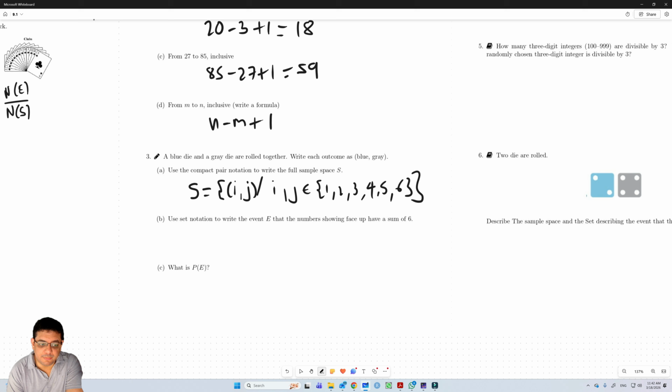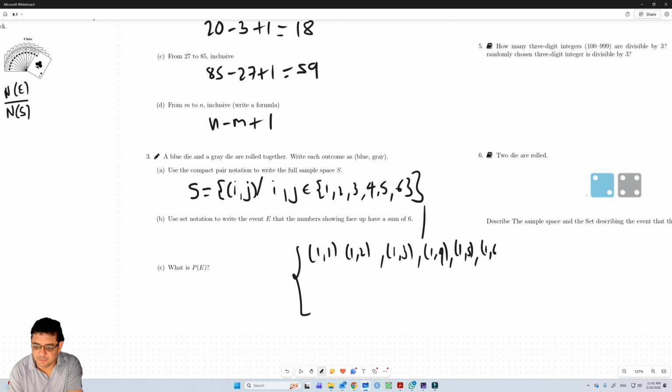Now, part B, if we write this out once again in pairs, this is going to be 1,1; 1,2; 1,3; 1,4; 1,5; and then 1,6.